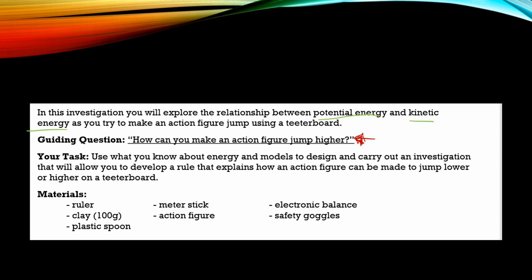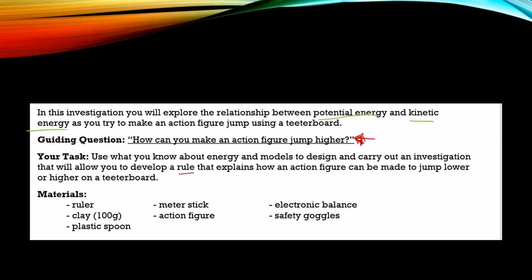Your task: use what you know about energy and models to design and carry out an investigation that will allow you to develop a rule that explains how an action figure can be made to jump lower or higher on a teeter board. So let's just take a second to look at what the variables are going to be.